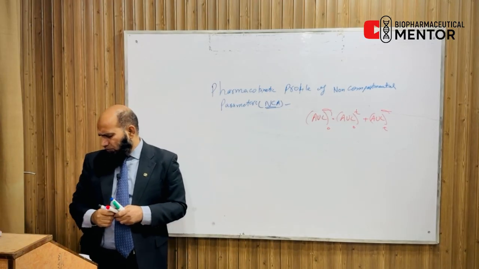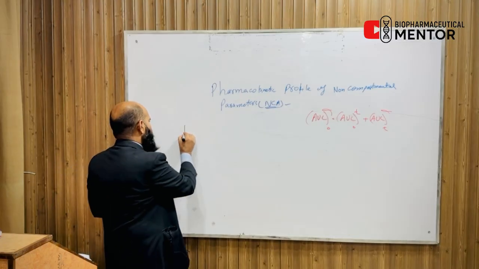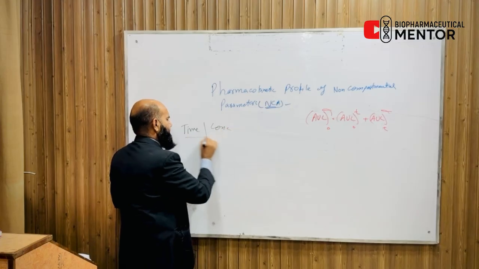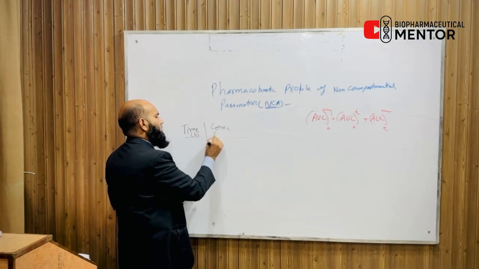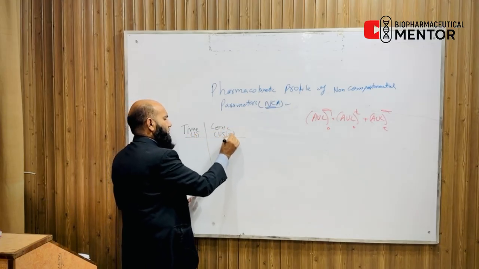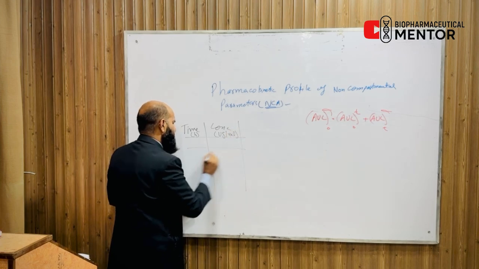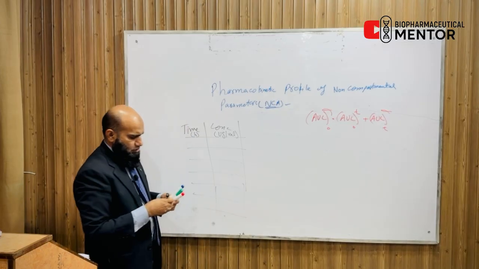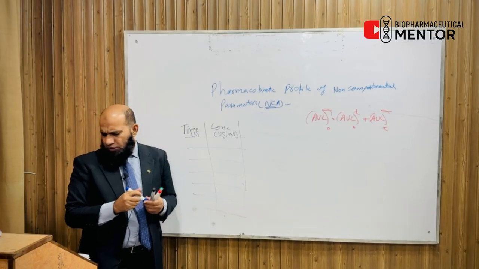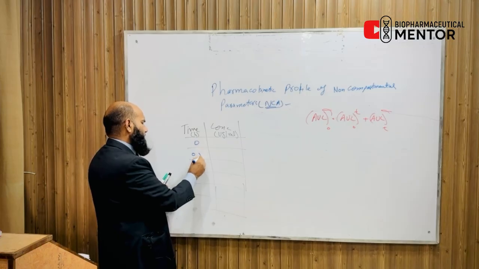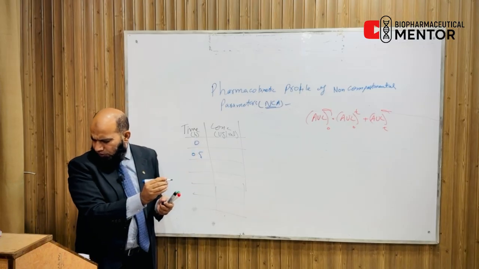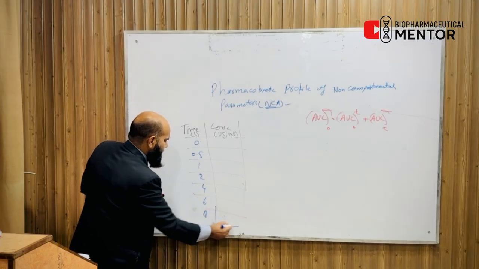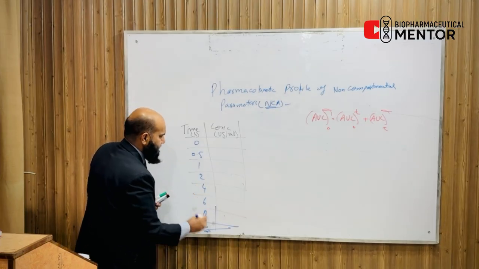Our data has two profiles: one is time and the other is concentration. Time is in units of hours, concentration is in units of milligram per ml. We have time at 0, then 0.5 hours, then 1, 2, 4, 6, 8, 10, and then infinity.